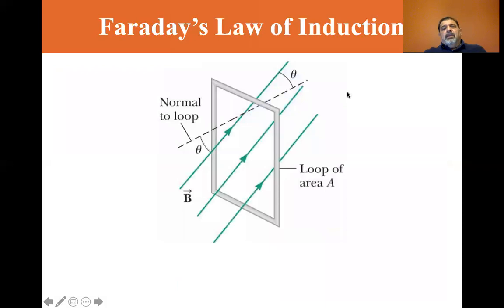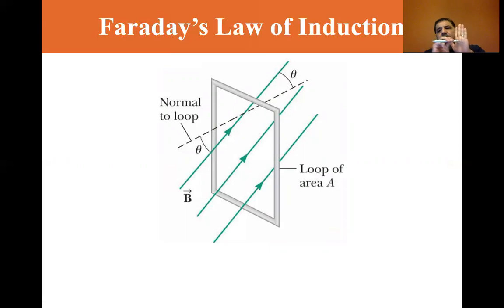So when you have a magnetic field going through the loop of wire, theta is the angle in reference to the normal of the loop. We have a square, rectangular loop here.